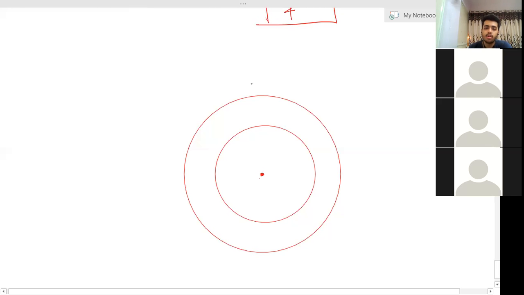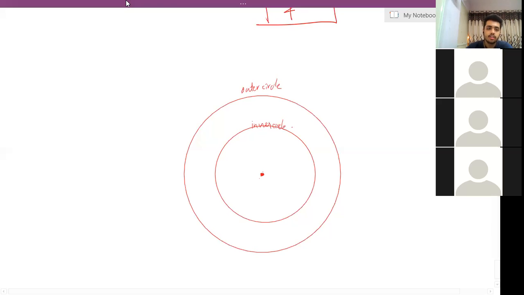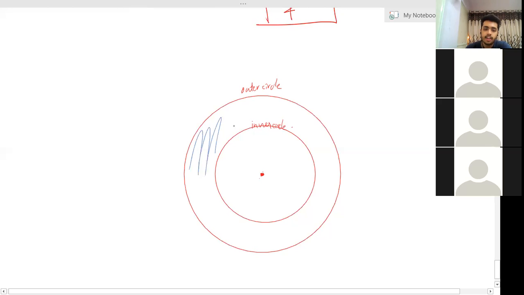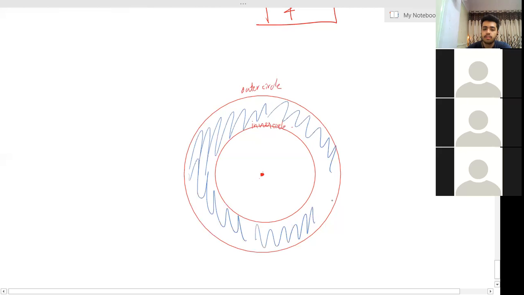This is the outer circle. This is the inner circle. A very common question that is asked in your Sainik exam is, I give a figure like this and tell you, find the area of the shaded region. So they'll shade this region and ask you to find the area of the shaded region.